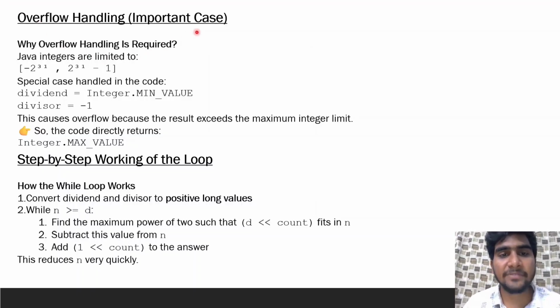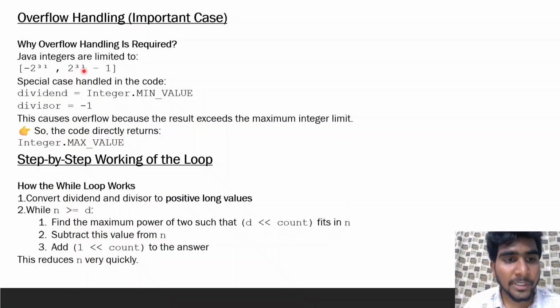Overflow handling. It is a very important case in our code. First, we handle edge cases. If the dividend and divisor are equal, the answer is 1. If the dividend is integer min value, that is minus 2 power 31, and the divisor is minus 1, the result exceeds the integer range.